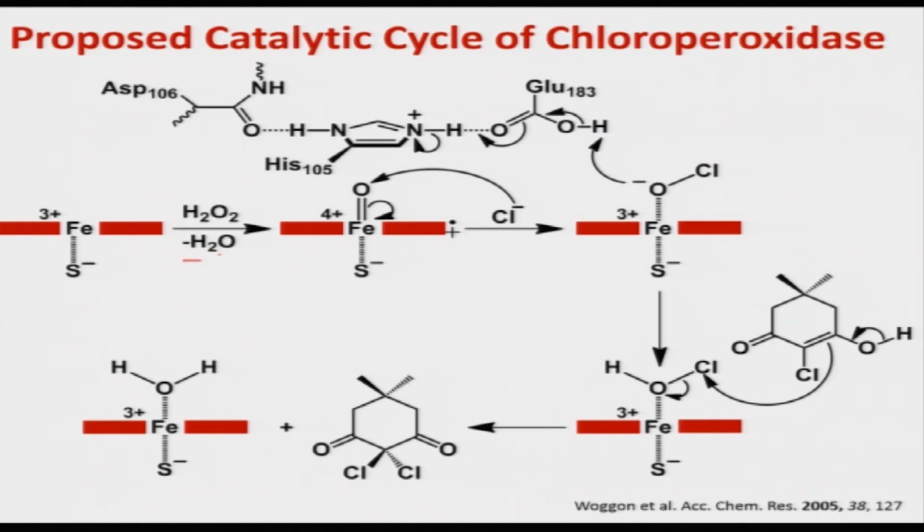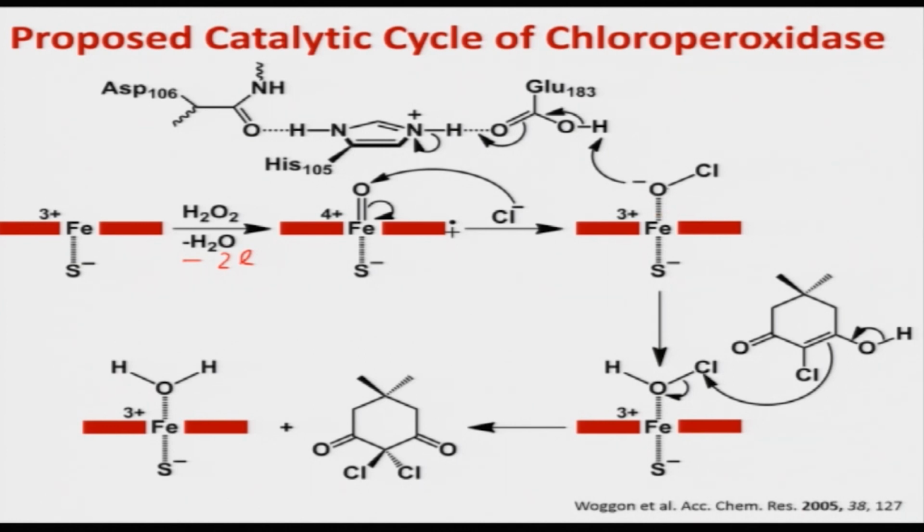It is a 2 electron oxidized species, and as you all know, this intermediate is highly reactive. It takes a chloride ion and forms that O-Cl bond, where iron 4 converts to iron 3.